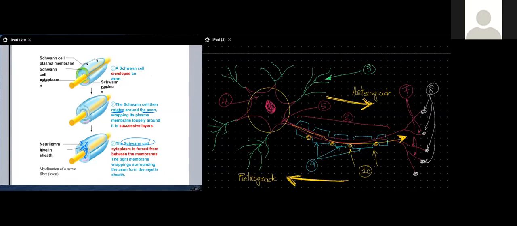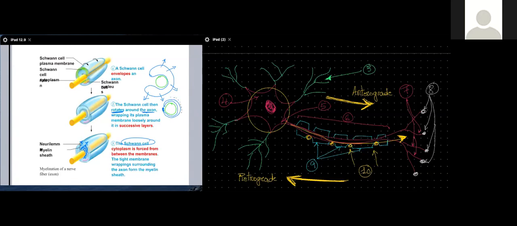So let's say on here, if this is my Schwann cell, it's going to be surrounding the axon like this, and starts to squeeze the cytoplasm to the outside. So what's going to be remaining outside around the axon are going to be the plasma membranes of my Schwann cell.